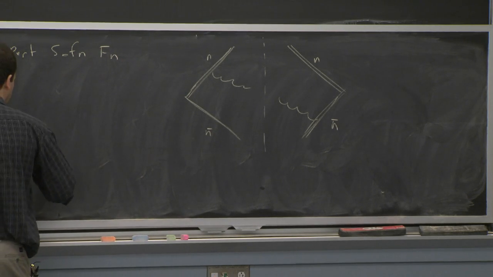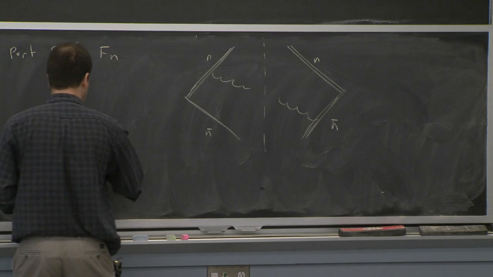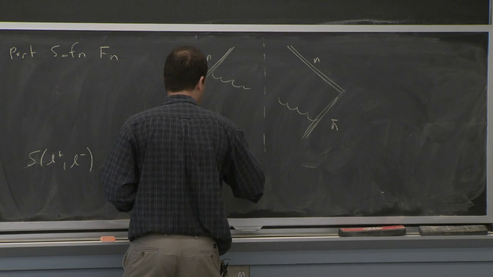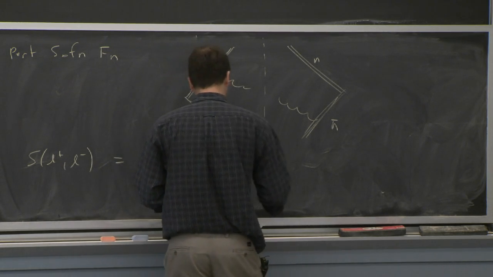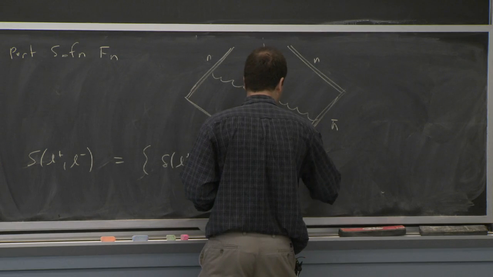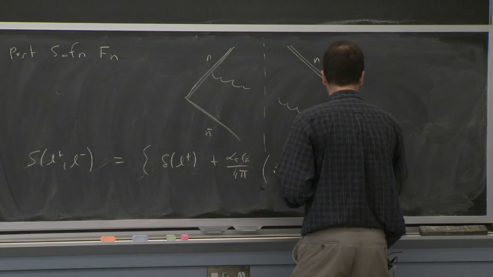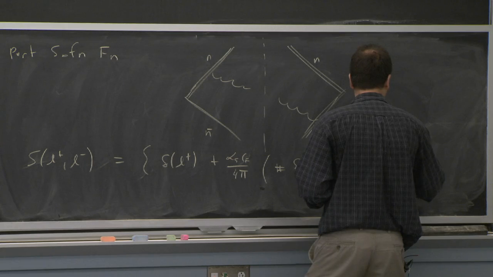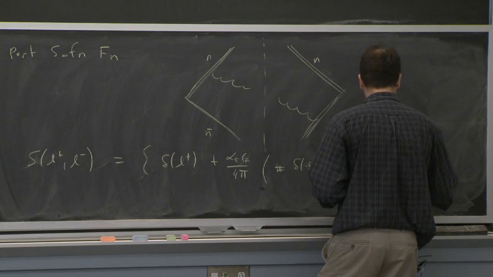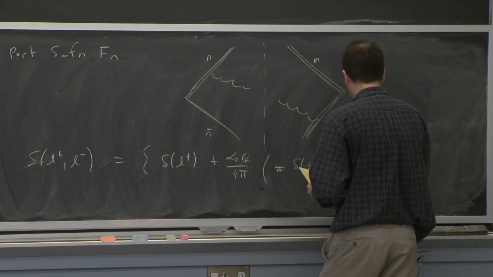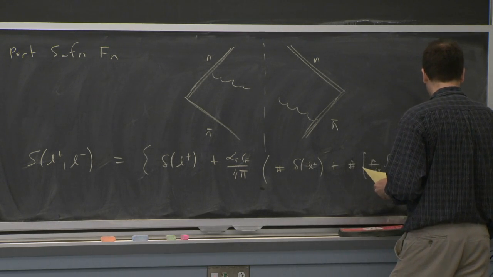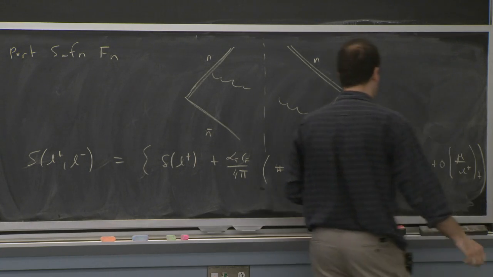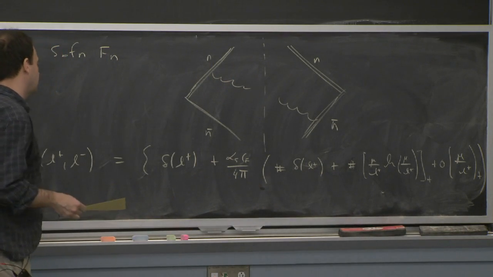And if we look at the soft function, it has a similar structure to the jet function, but now, again, it's got a delta function and then plus functions. And it turns out there's no single plus function, but there is a plus function with a logarithm in this case.